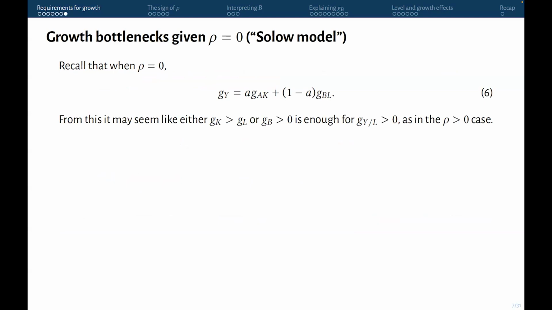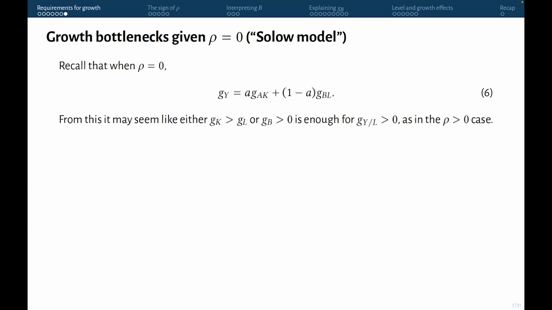But yeah, quickly. So what about the edge case in the middle? What about the Cobb-Douglas world? Well, just looking at the growth formula for output, you might think, okay, the growth rate of output is this weighted average of the growth rate of effective capital and the growth rate of effective labor. So either one of them is sufficient to sustain growth in output.